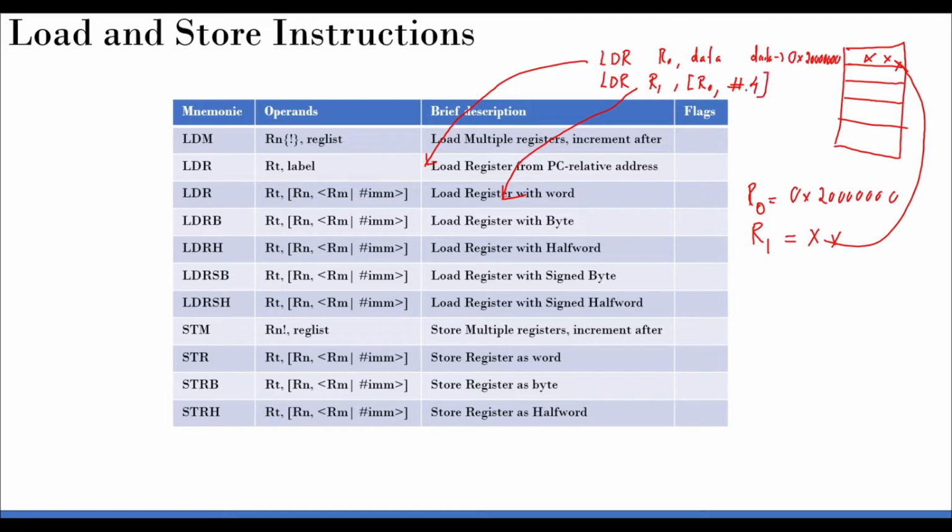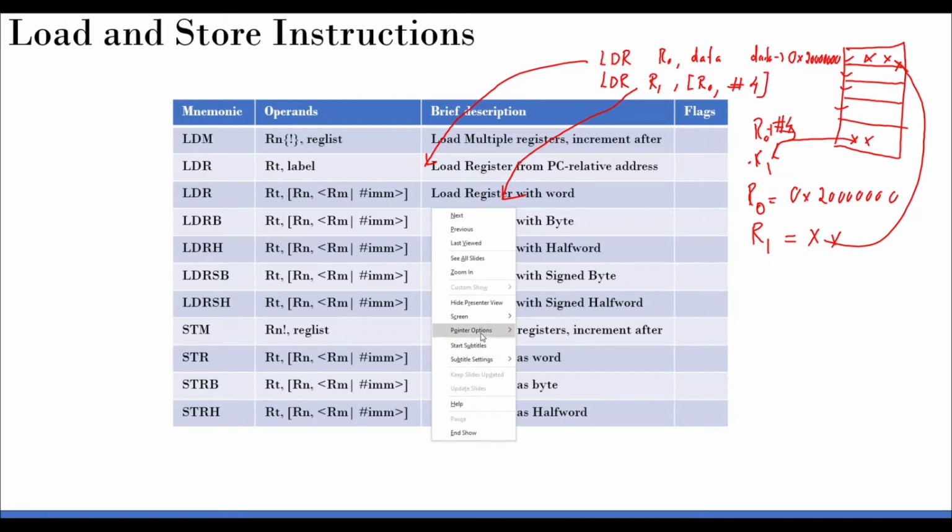This means R0 is pointing to this location, but you are adding 4 to the address, so it will skip this one, this one, this one, and this one, and this will be the new address. So R0 plus 4, whatever is the content here, will come to R1. That is the meaning of this particular statement.